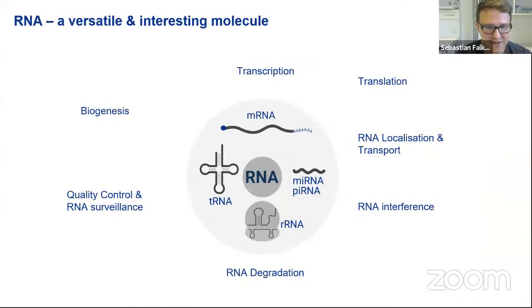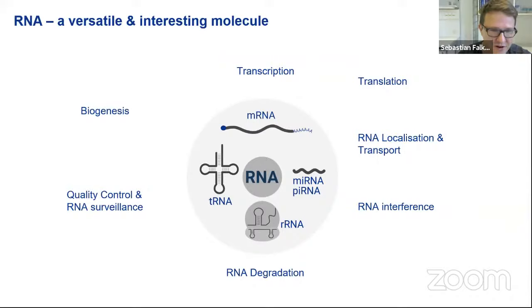We have the chance to host the RNA Life Science Tuesday. As all of you know, RNA is a fascinating molecule because it's very versatile. It comes in different sizes and flavors. The ribosomal RNA, for example, is very huge, and small RNAs like microRNAs and piRNAs are very tiny, with just between 20 and 30 nucleotides, but still they are very important.